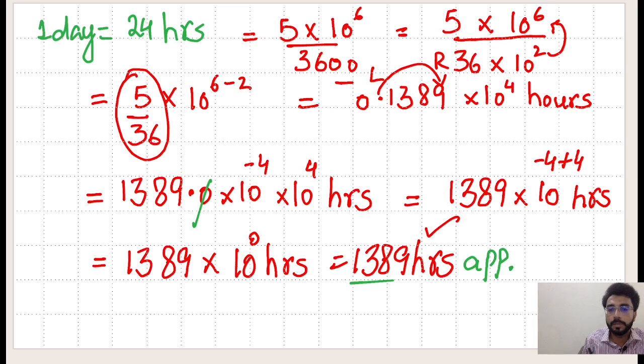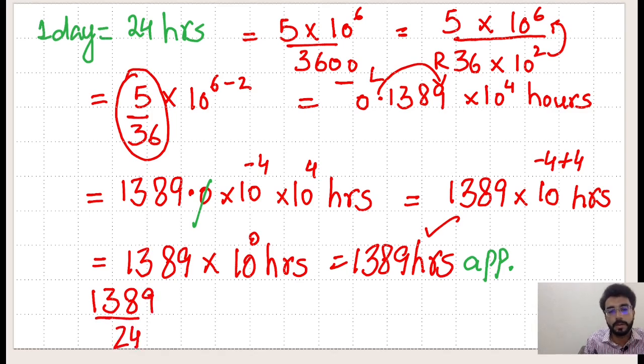Let's write here. We divide this number, convert into days, 1389 divided by 24. You will get the answer in approximately 58 days.